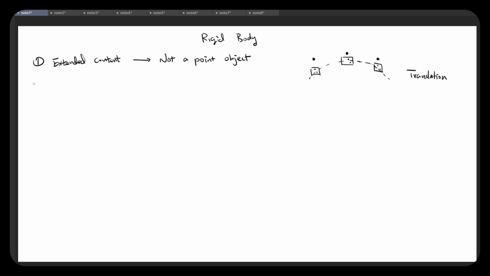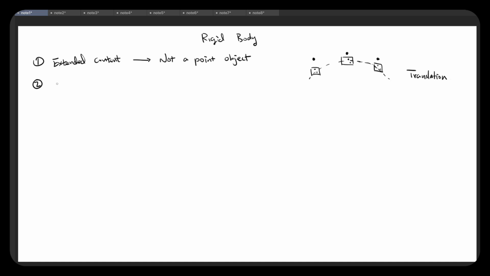Now, second property of rigid body is that because of the extended content of this object, every point will have different motions, and that means that, contrary to the point object, we cannot regard every point as having the same motion.